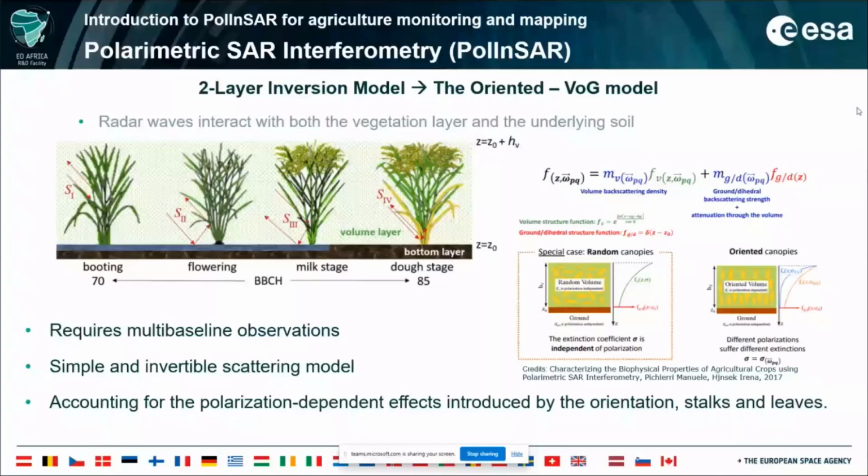I would not spend too much time on that model, but as you can see, this volume structure function and the ground scatterers are placed in that model to make sure that both parts are represented while describing the agricultural crops.